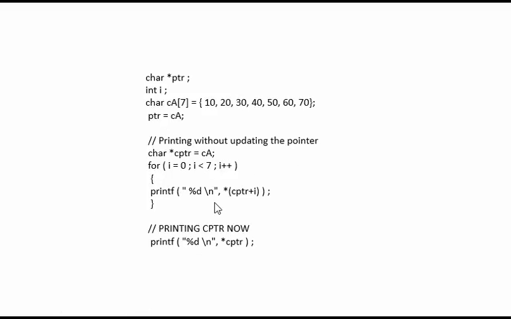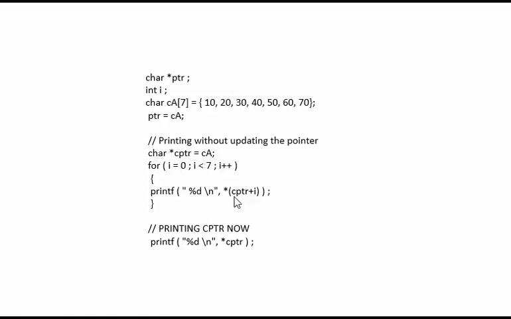We have changed the program now. The same array, same pointer pointing to the char array, but here we have declared a C pointer equal to CA. Now it's a character pointer, same as the other pointer, pointing to the first element.